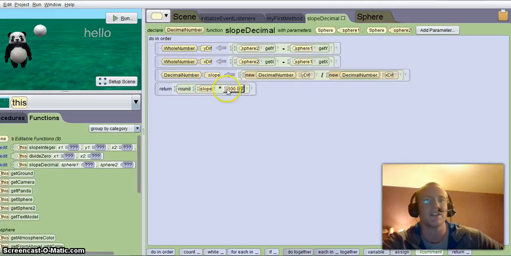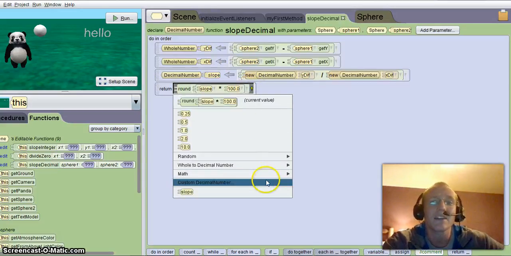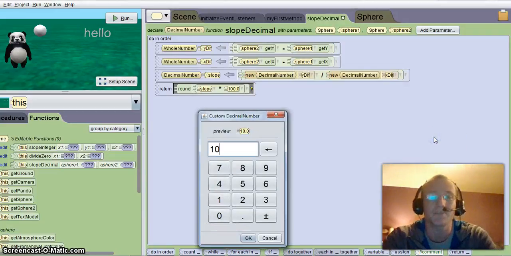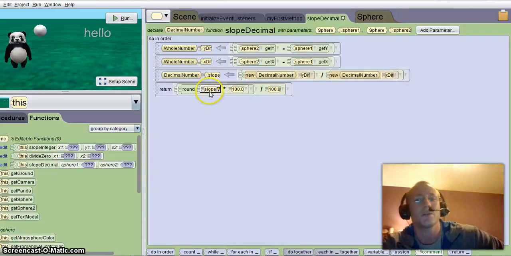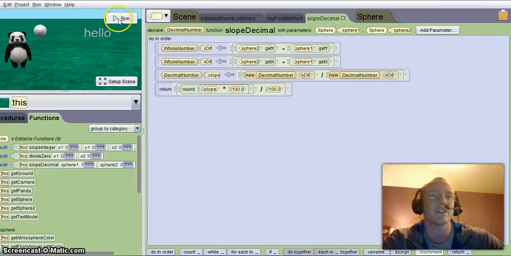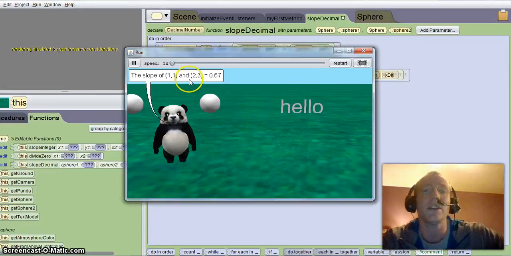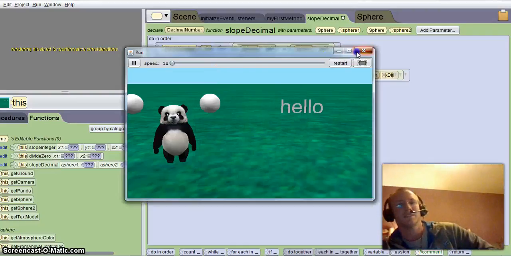Multiply that by 100, and you're rounding it, it'd be roughly 67. Now, the slope isn't 67. It's the rounded answer, math, divided by 100. So you have 67 divided by 100 is 0.67. So let's hit run. We'll test it out. 1, 1, and 4, 3, 0.67. Success!